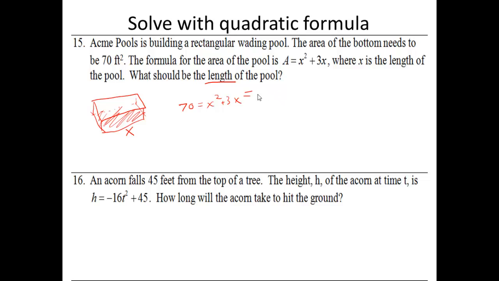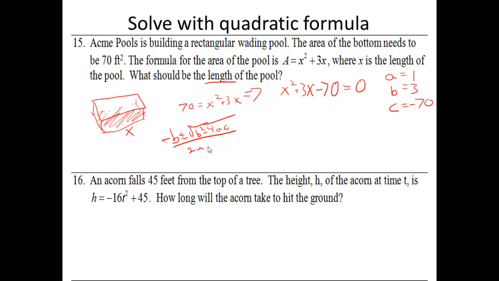So we have x squared plus 3x minus 70 is equal to 0. We set a is equal to 1, b is equal to 3, c is equal to negative 70. Plugging that all into our equation, negative b plus or minus the square root of b squared minus 4ac all over 2a.